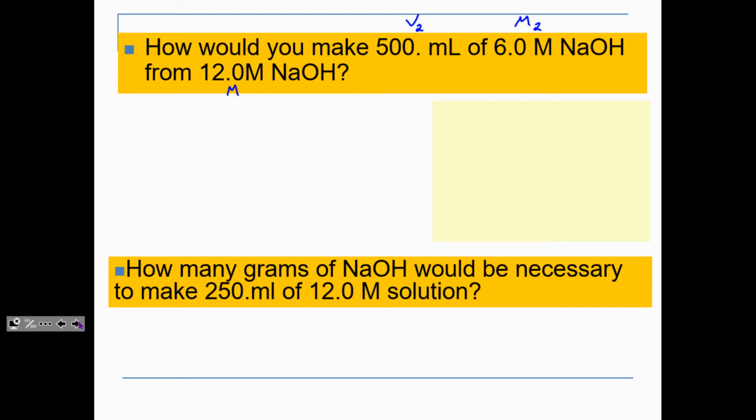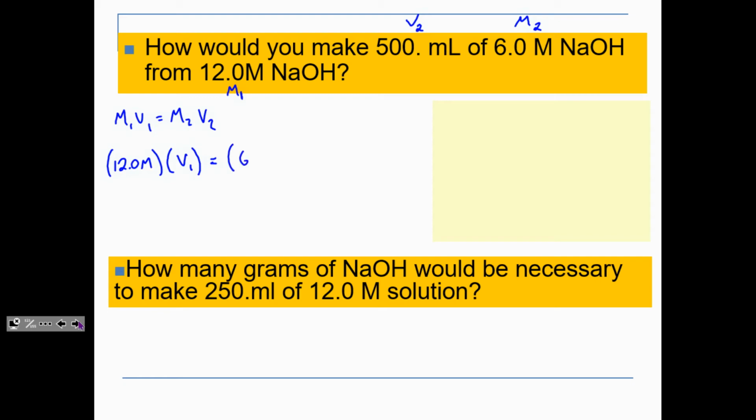That's one set of variables. And I'm starting out from a solution that has a molarity of 12. So my equation is M1V1 equals M2V2. I'm going to plug in 12.0 M. My volume is what I'm searching for here, because that's going to tell me how much I need to take in order to dilute, to make less concentrated.